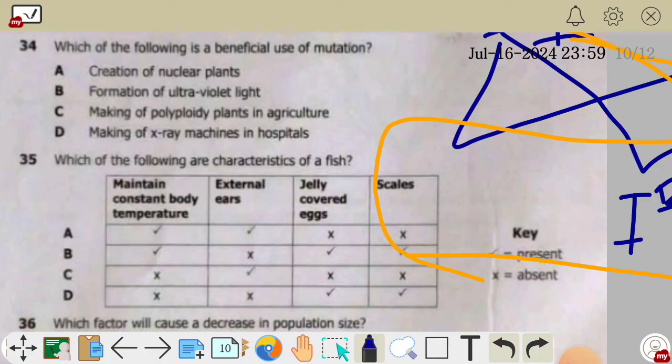Yes, so a fish can maintain constant body temperature. External ears. So a fish does not have external ears. And then jelly covered eggs. Yes, fish cover their eggs with jelly, then they have scales. So the correct answer here is B.